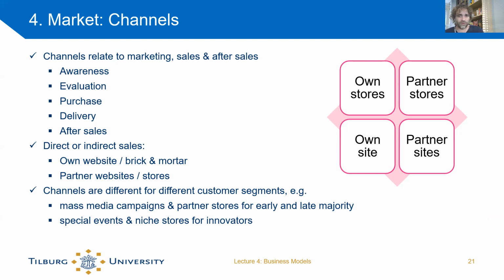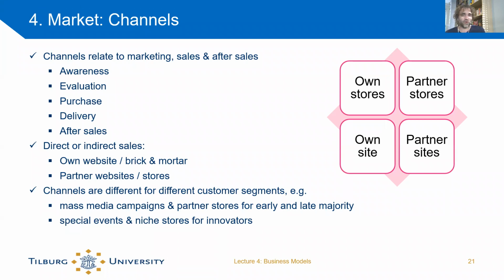What kind of channels do you have for purchase? Do you have your own stores, or do you sell only online? Those kinds of things. Delivery of your product. So how is your product delivered? Is it a service? Is it an online thing? Is it a physical product? How is it shipped? Those kinds of issues. And what happens after sales, so your customer service.